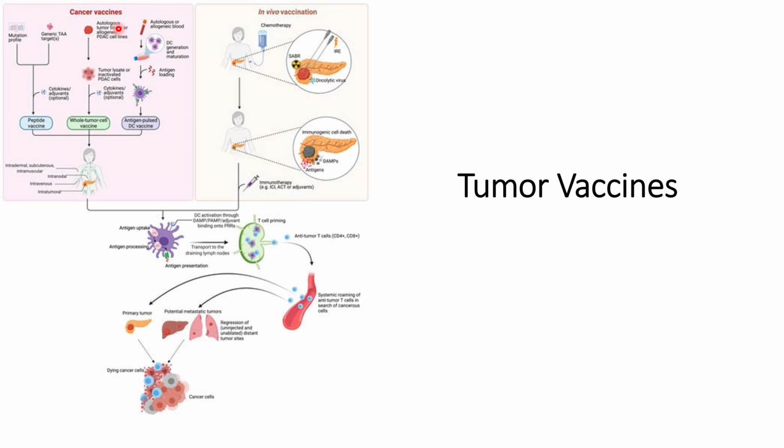The other category is about autologous or allogenic blood. In the second case, we used tissue, and in the third case, we can use blood.